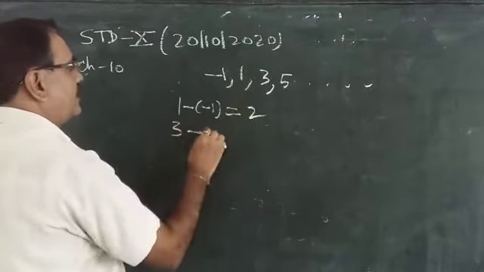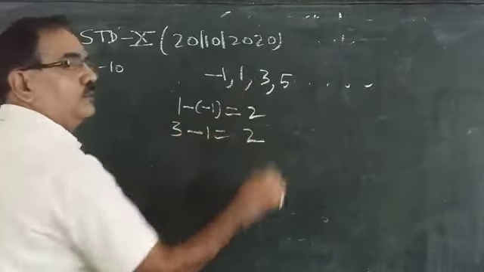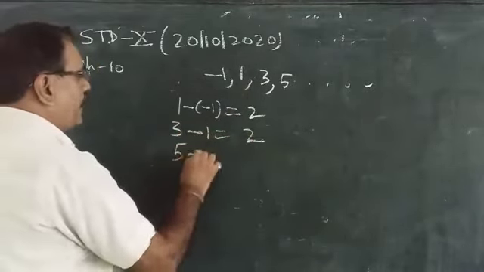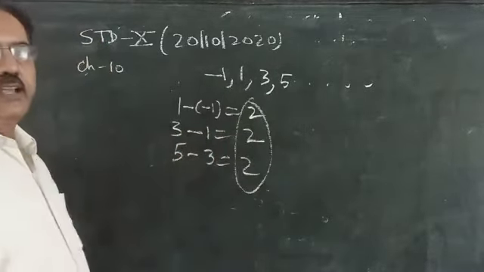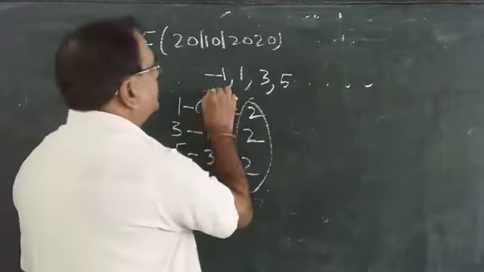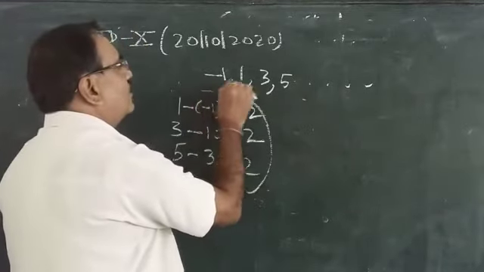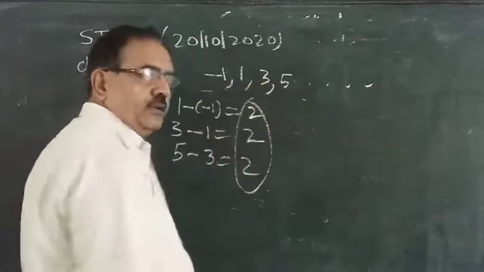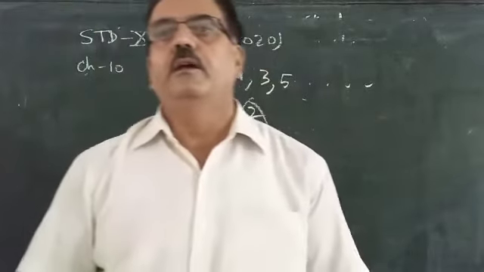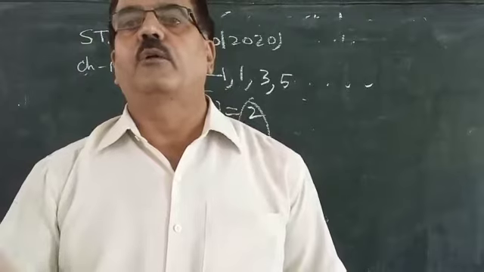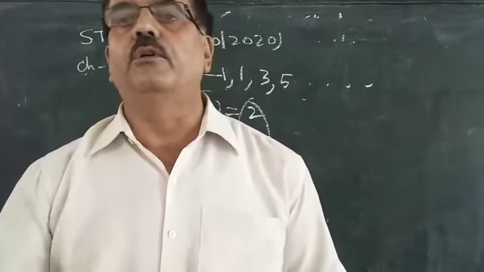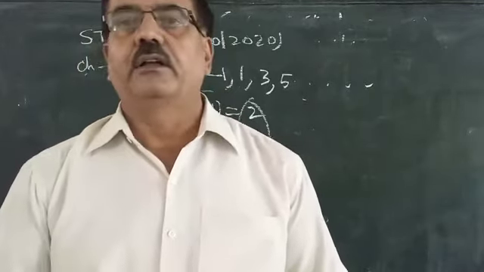Third minus second, 3 minus 1, that is 2. 5 minus 3, that is 2. So the common difference is the same. It means this is our answer: minus 1, 1, 3, 5. So when this type of question is given, you have to put the value of n starting from 1, 2, 3, 4, and you will get the terms.